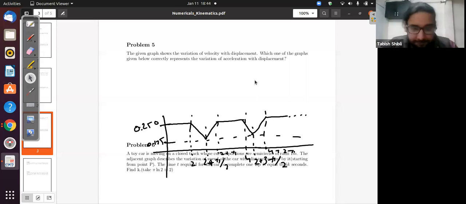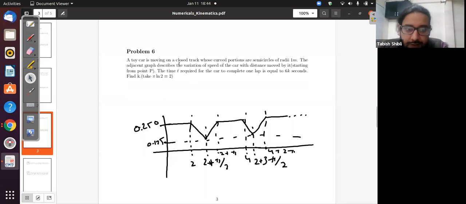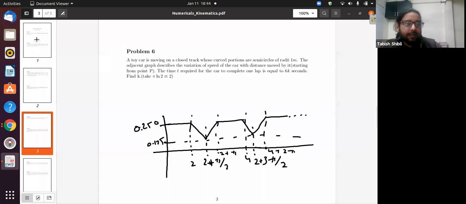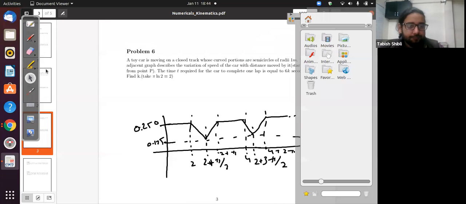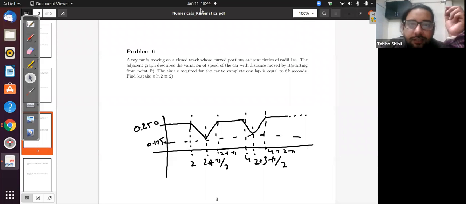Okay, can you see this graph here? Yes. So the track is essentially given to you, and this is how the velocity moves.